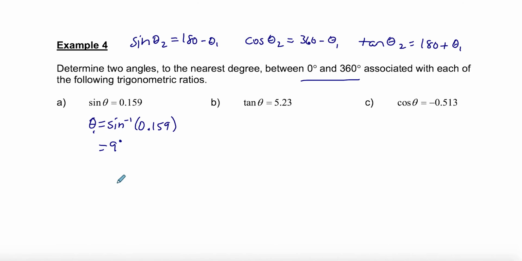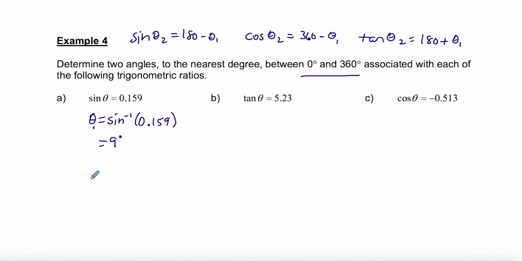In order to find our second angle, we're going to do 180 minus 9, and we get 171. So if you type in sine of 9 or sine of 171, they should both give you 0.159.